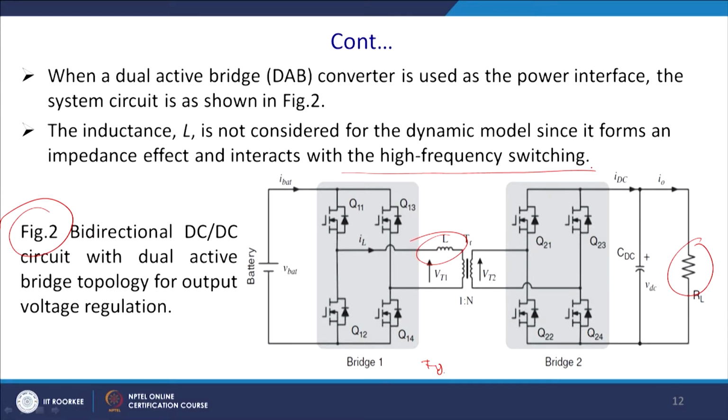So, we shall neglect it, but in the actual model we need to consider it while designing the control aspect of this topology, because mostly it is a lumped parameter, the leakage inductance of this high frequency transformer. So, this is a bidirectional bridge configuration, and you will be sending power from the battery to this load.